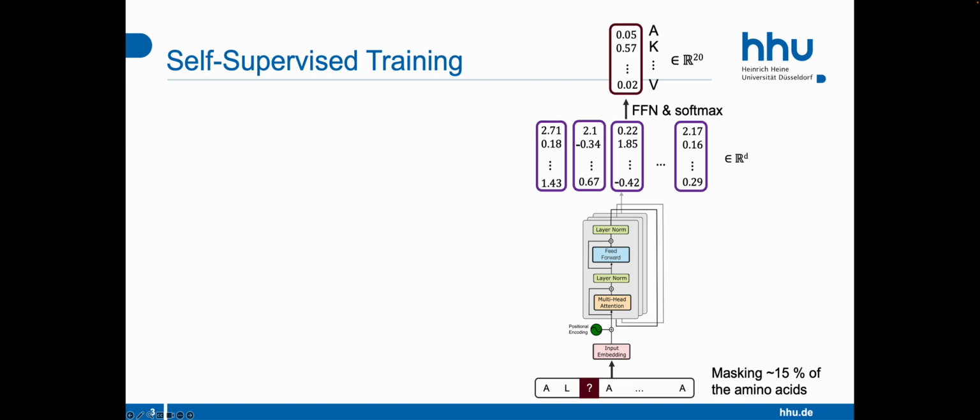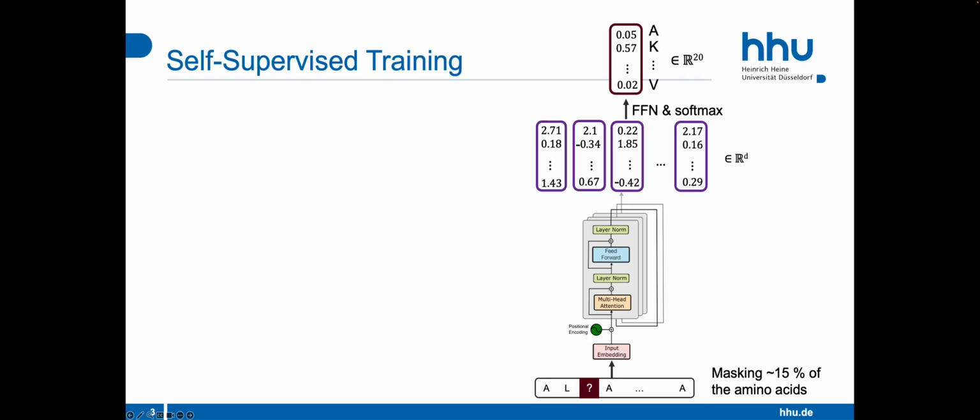To do this, we can, for example, train a single layer neural network on top of the corresponding token representation, which outputs a vector with 20 entries, where each entry corresponds to one amino acid. For example, the first entry might correspond to the amino acid alanine, the second to leucine, and the last to valine. To this vector, we can apply the softmax function, and we already know from the attention function that this results in a vector with values between 0 and 1 that sum up to 1.